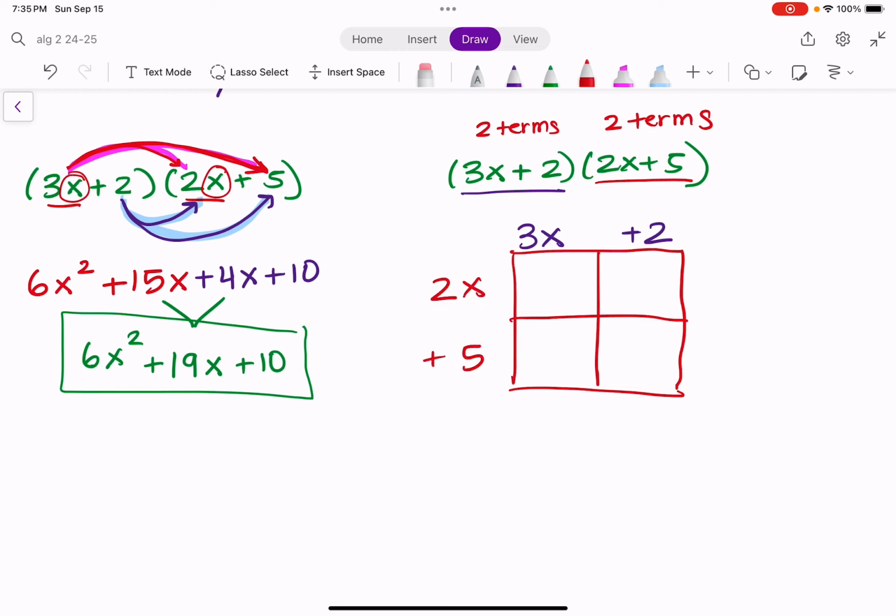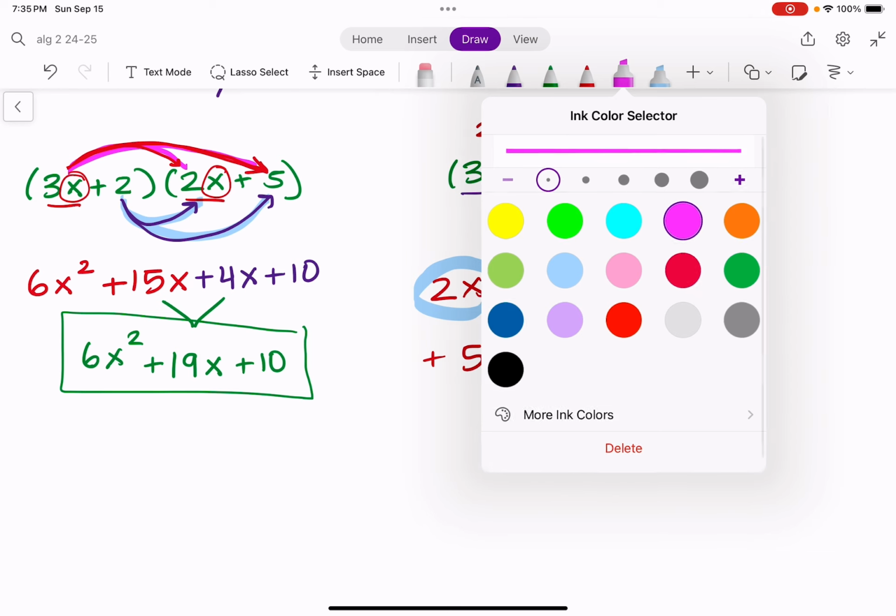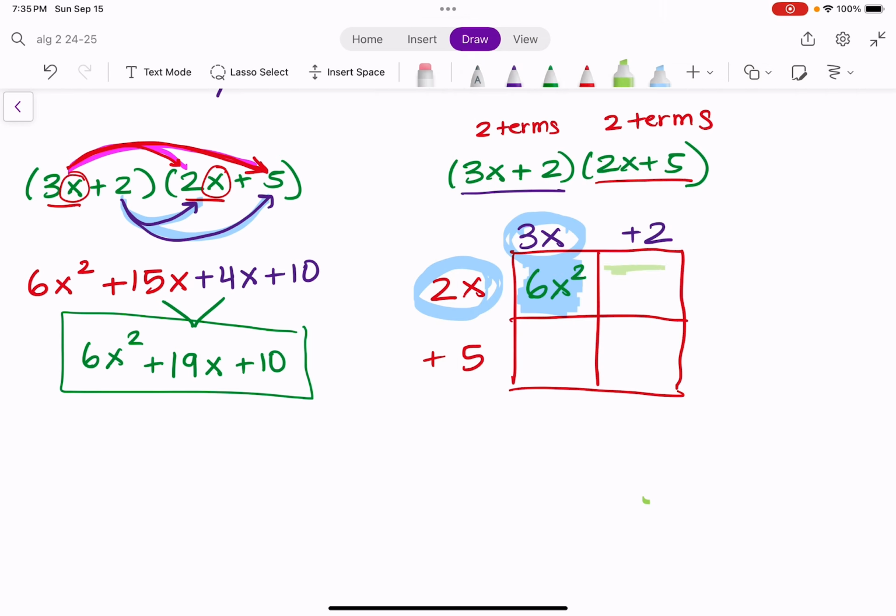For this first box here, you multiply the things on the outside. So 3x times 2x, again you get 6x squared. For this box right here, you multiply these two things. 2x times 2 is 4x.